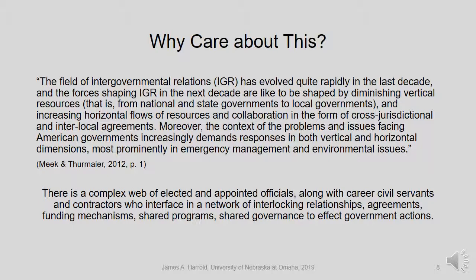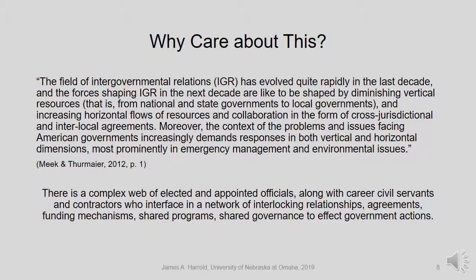But here's what I say about what Meek and Thurmeyer had to say there. I say there's a complex web of elected and appointed officials, along with career civil servants and contractors, who interface in a network of interlocking relationships, agreements, funding mechanisms, shared programs, shared governance, all to affect governmental actions, right? So we say the government does something, it delivers some good or some service.